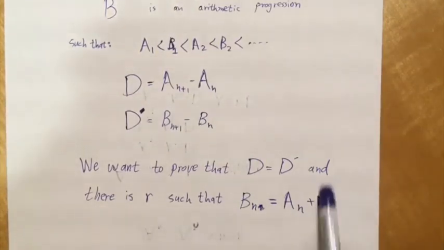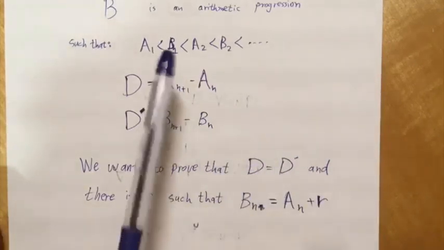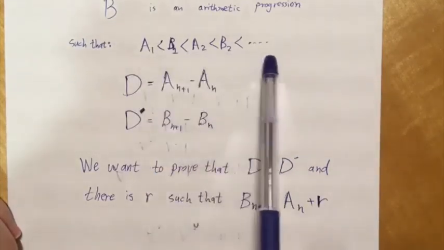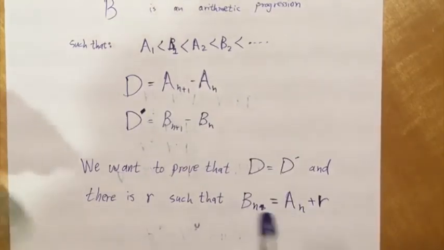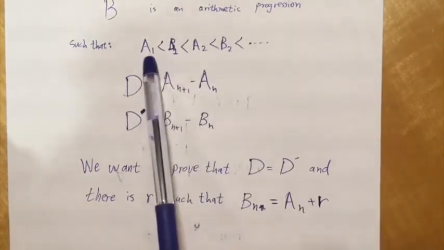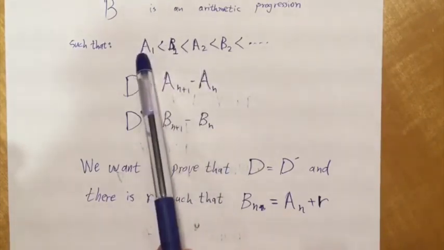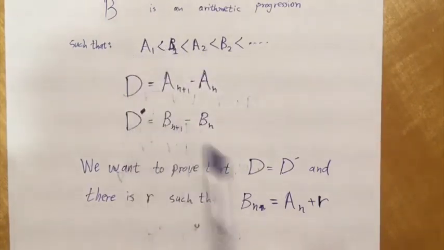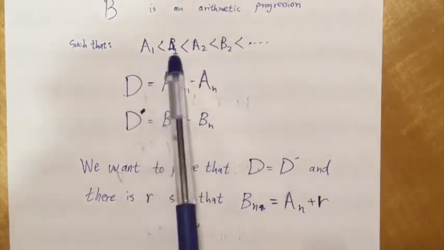So it makes sense: if you have an arithmetic sequence a1, a2 all the way, and you shift it up a little bit by r so that it doesn't go beyond a2, then you get a new sequence b_n that's also arithmetic.